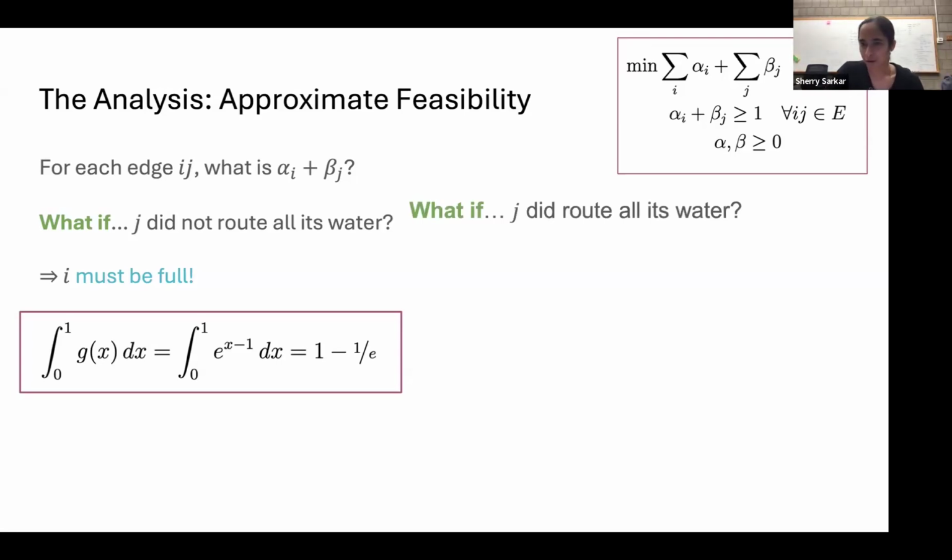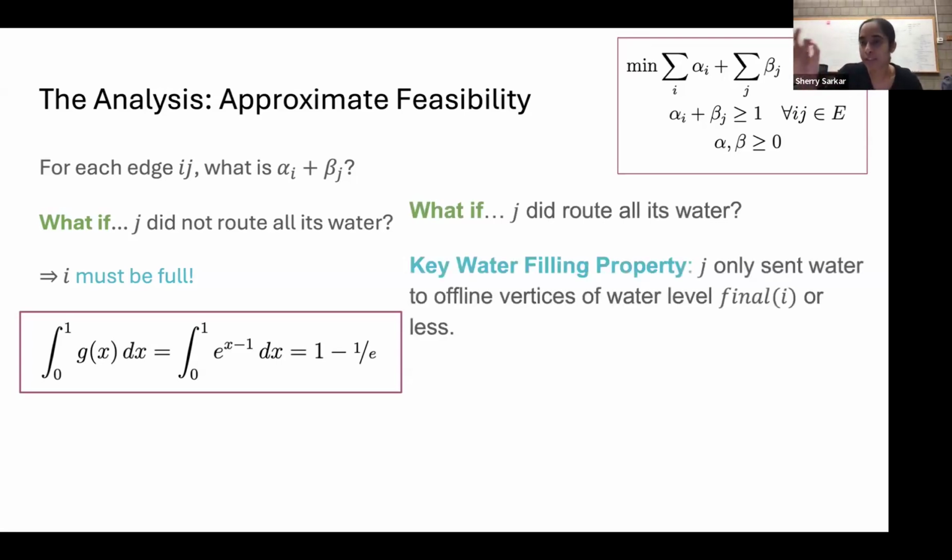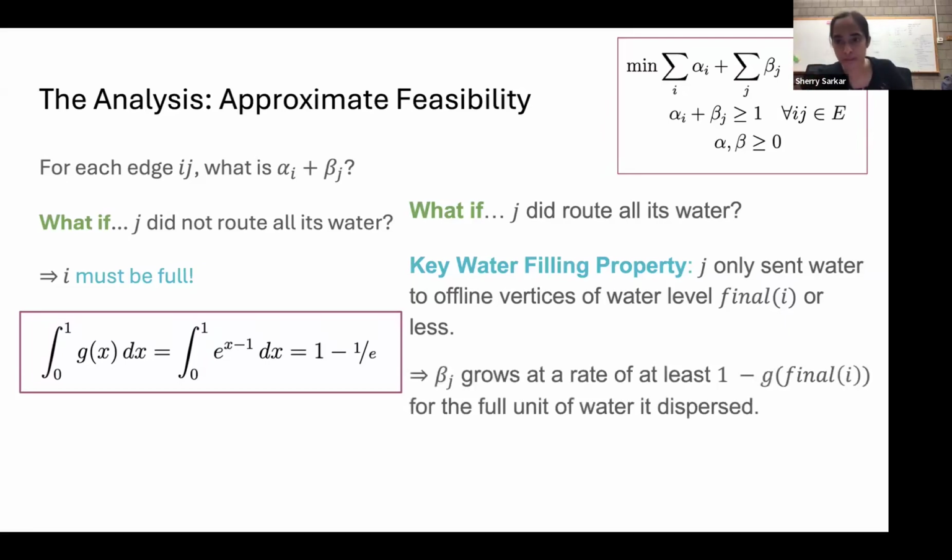And what if j did route all of its water? Now this is where we really use the key water filling property, which is that j is only routing water to offline vertices of water level at most the final water level of i. Like j is only ever routing water to the lowest water level. So this is true, and what that gives us is a lower bound on how fast beta j is rising. If we have an upper bound on the water level that j is routing to, that gives us a lower bound on how beta j rises.